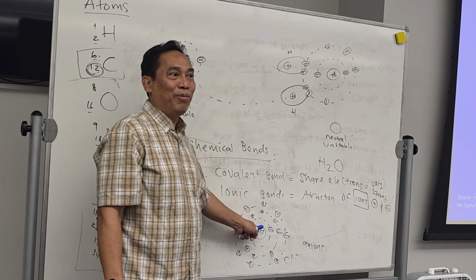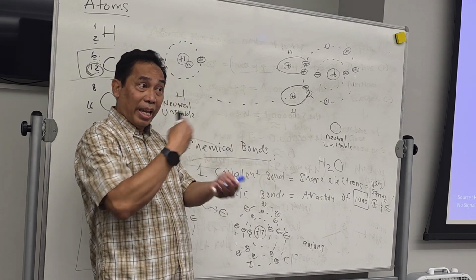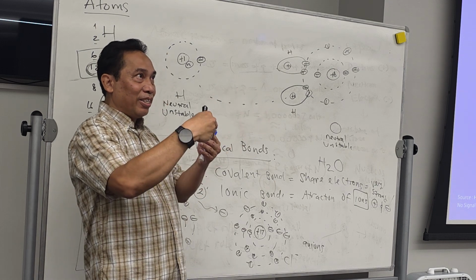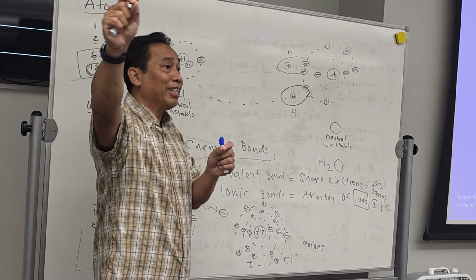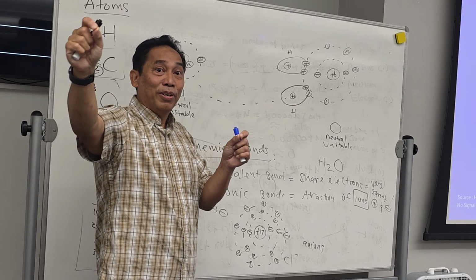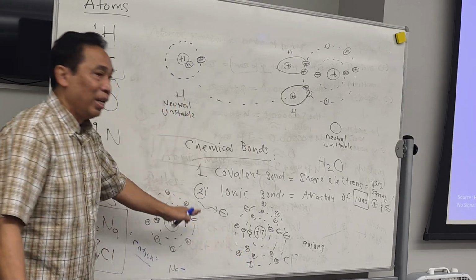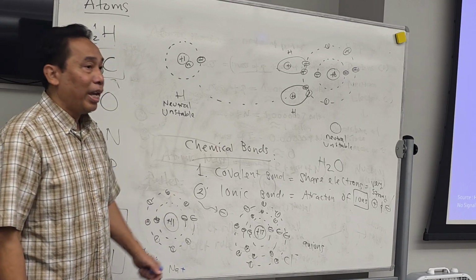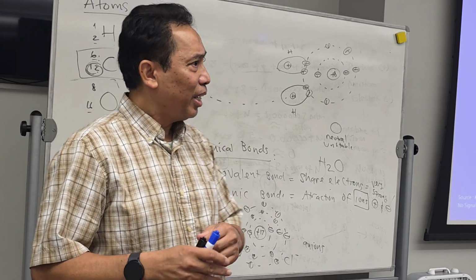Right? So again, what is an ion? An ion is an atom that gains or loses electrons. If it is gaining electrons, it becomes negative, an anion. If it is losing electrons, it becomes positive, a cation. Can you follow this? Now look at this one. It is not an atom anymore. Now it carries charge. Negative and positive, just like male and female, they attract one another.